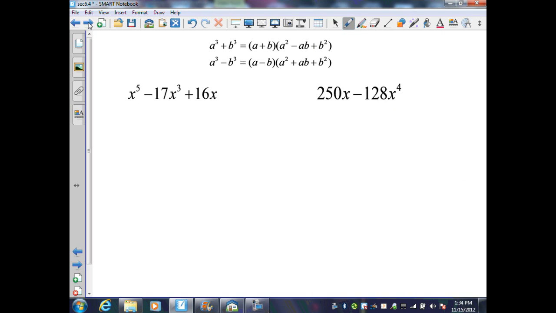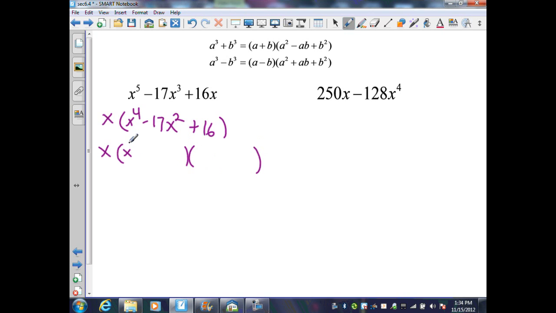On my next example, I first see that I have an extra x in each term, therefore I can factor out an x as a GCF. When I do that, x to the fifth divided by x is x to the fourth. 17x cubed divided by x is 17x squared. And 16x divided by x is going to give me 16. Now I have a trinomial that's set up in the usual pattern, so I'm going to break that into two sets of parentheses.